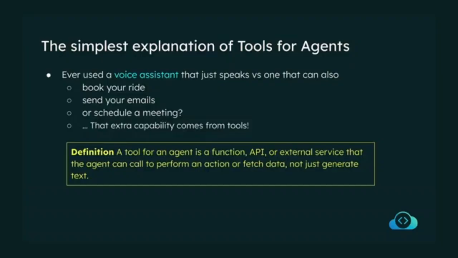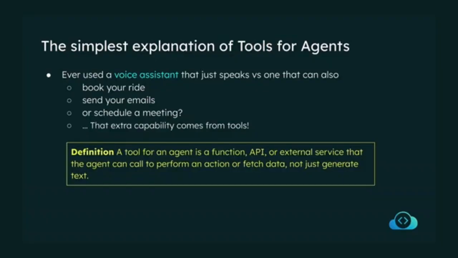But what really would have been cool is when your voice agent can really take your input query and do stuff on your behalf, like maybe book yourself a ride, send emails, or schedule a meeting. So we know that the knowledge of an LLM is limited. Memory helps to expand it, and tools are just another capability where we can enhance the internal functionality of an LLM, or an agent specifically in this particular scenario.